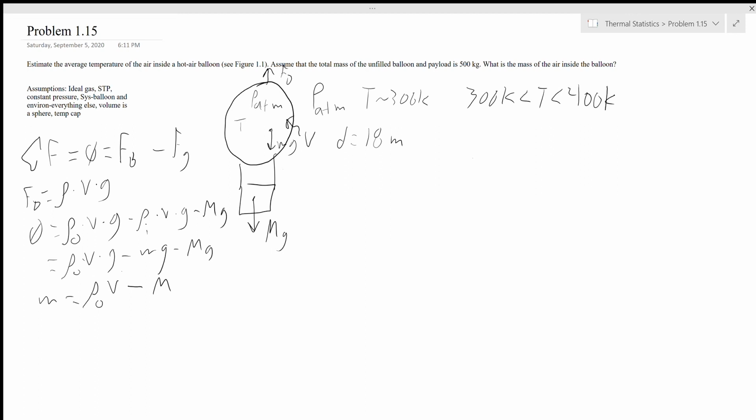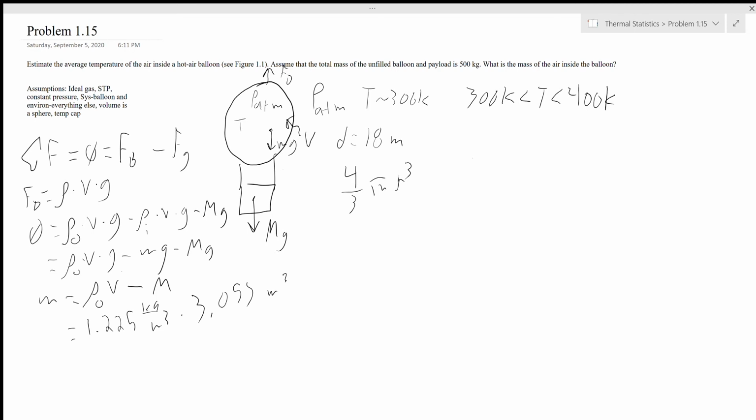And so that is equal to 1.225 kilograms per meter cubed times 3,053 meters cubed, because I'm assuming this is a sphere, so the volume is 4/3 times pi times r cubed.